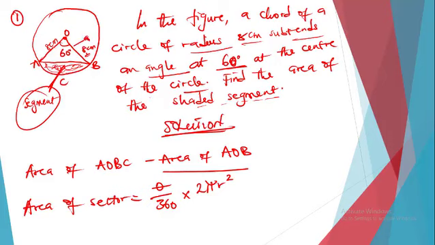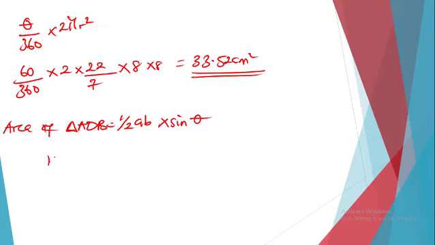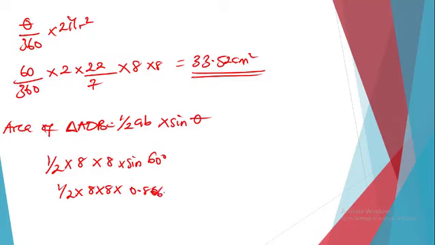Small letter b is the line facing this B. So we have 1/2 times 8 cm times 8 cm times sine 60 degrees. Are we following? At this point we have 1/2 times 8 times 8 times the value of sine 60, which is 0.8660, and this will give us 27.7 cm squared.